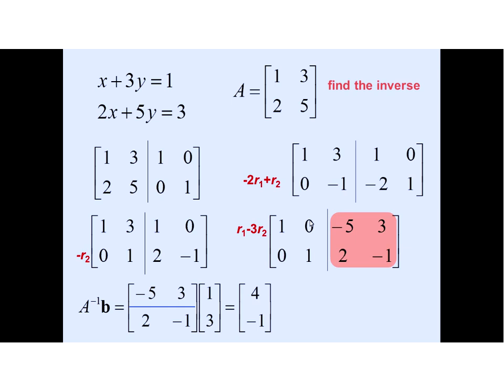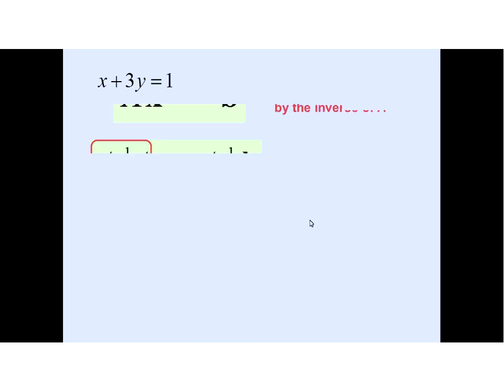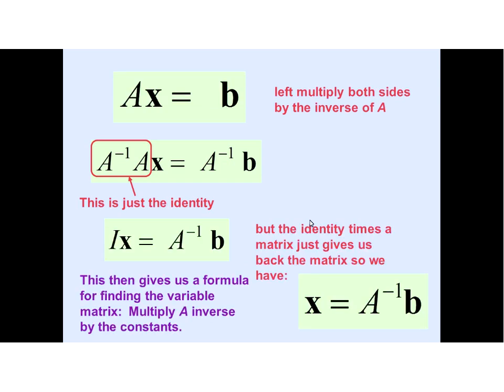Now our next step is to multiply. We want the value of x and y. Our formula is x is equal to A inverse b, as I showed you in the previous slide. So put these values in this: x is equal to A inverse b.